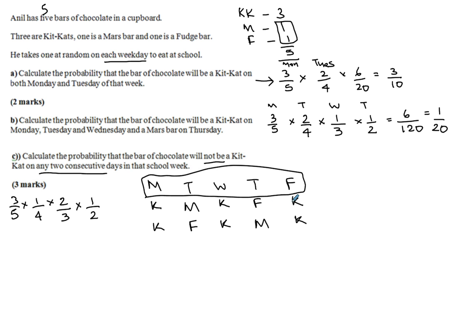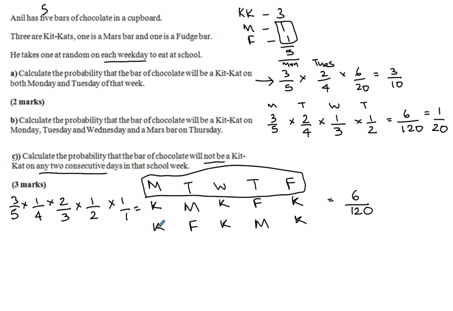And to get the Kit Kat on the next day, it would be certain, because that's all you have. So then times 1 over 1. Sorry, I'll just put the total there. So that would be 6 over, that was our 120.